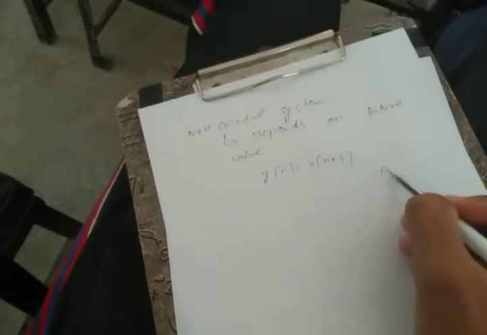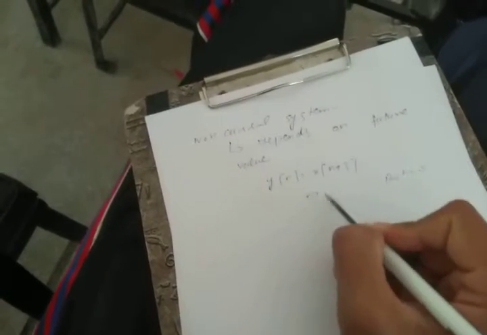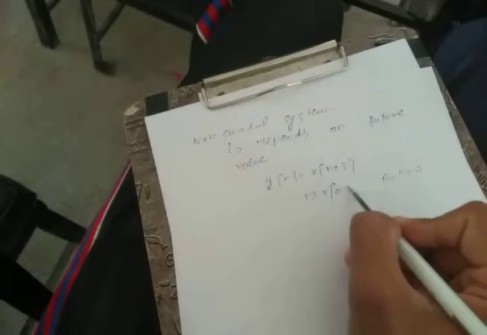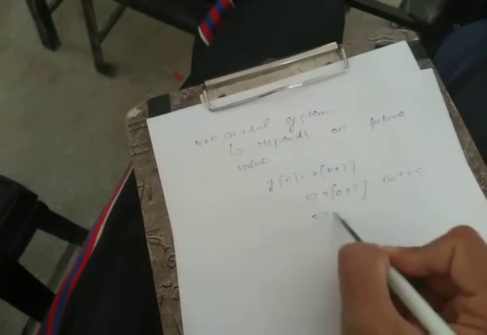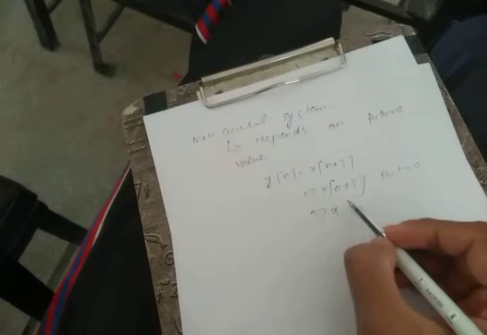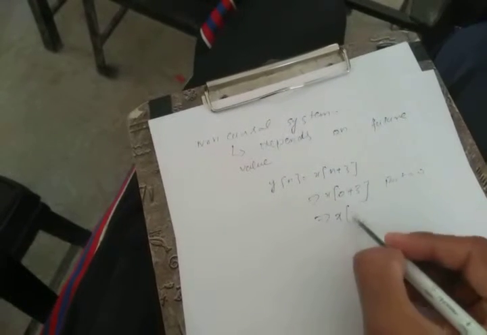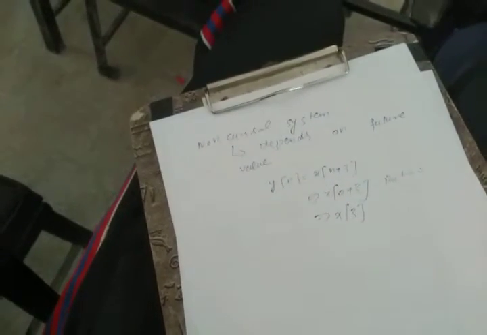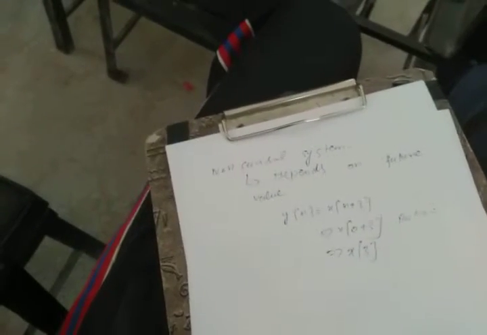If we put n is equal to 0, then we get the value x of 0 plus 3, x of 3. Then this system is a non-causal system.